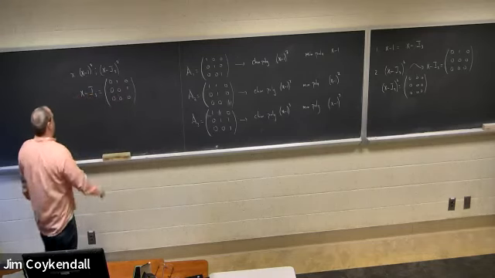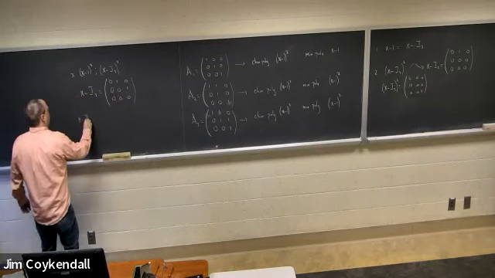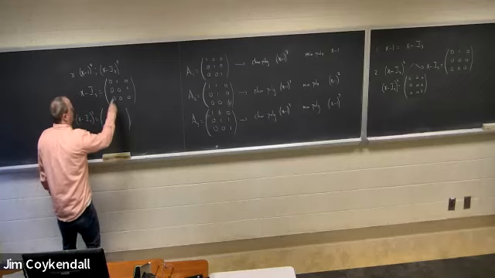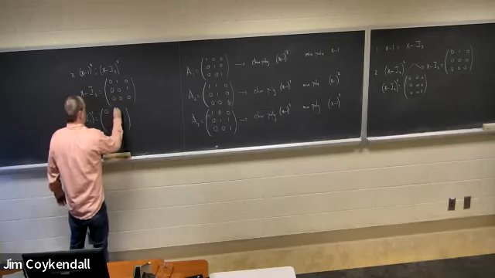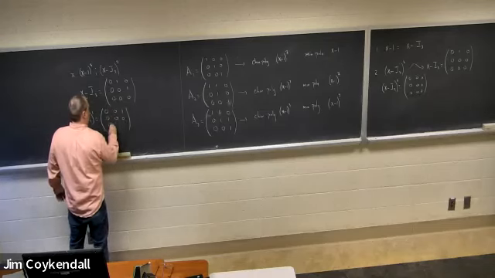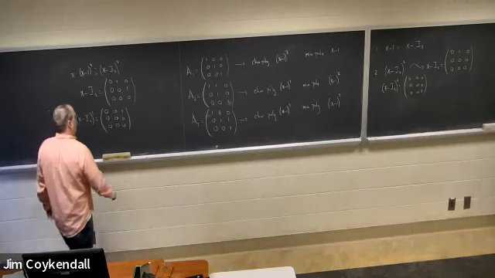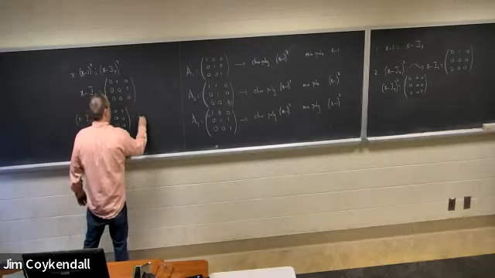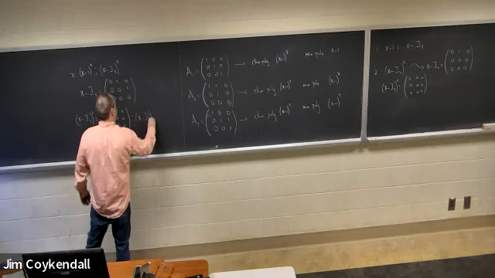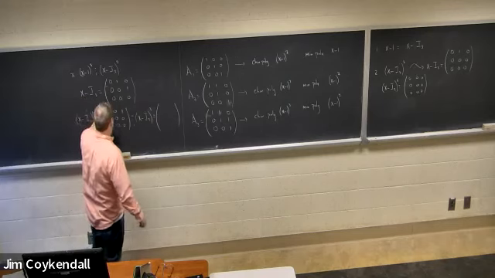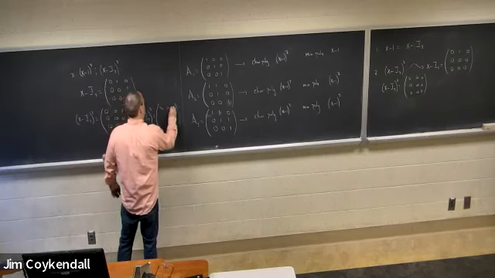Now notice x minus I3 squared is, and x minus I3 cubed, now you multiply this by this, and you're going to get the zero matrix.